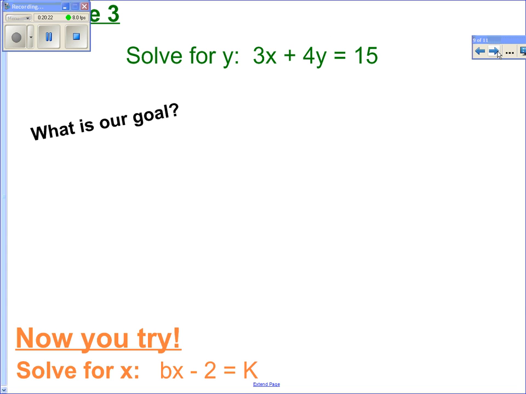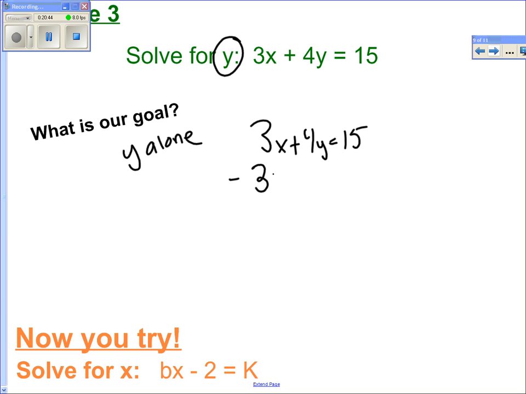They want us to solve for y. So in that case, again, I want to get y alone. So I'm going to go ahead and solve this one for you. If you want to pause it, try it, and then see if you got the same answer. So I have 3x plus 4y is equal to 15. Now, the first thing I'm going to do is subtract the 3x from both sides.